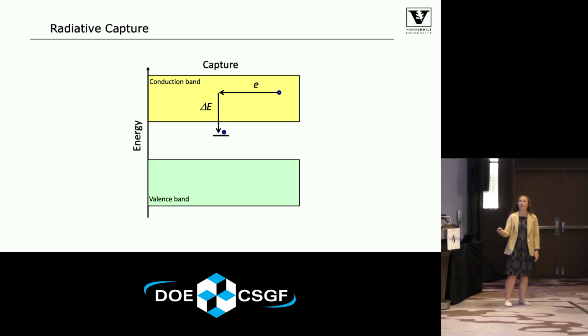And then you have this gap in between. And you can have localized defect states in the gap that can capture those carriers. That would be one of those dehydrogenated or activated defects. So as the carrier comes along in radiative capture, it drops down into the defect and shoots off a photon. So the energy mostly leaves the system.